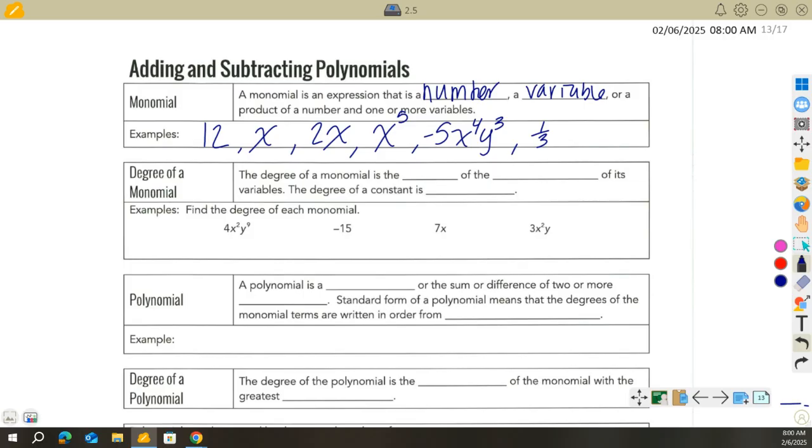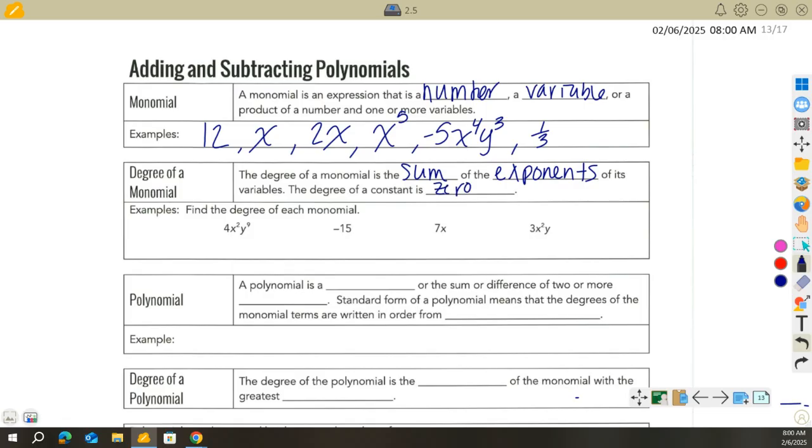So the degree of a monomial, this is the sum of the exponents of its variables. The degree of a constant, so just the number, is going to be 0.